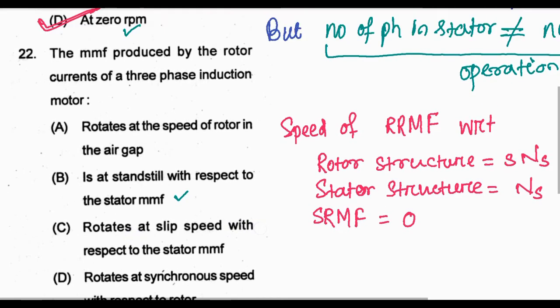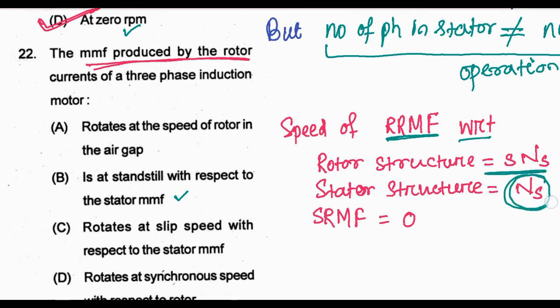So here, the MMF is produced by the rotor. The speed of the rotor rotating magnetic field with respect to the rotor structure is always S into Ns, where S is the slip and Ns is the synchronous speed. The RMF, that is the rotor rotating magnetic field speed with respect to the stator structure, is always Ns, the synchronous speed.